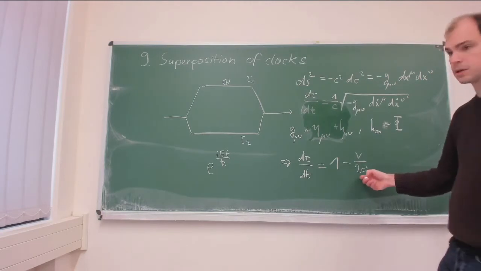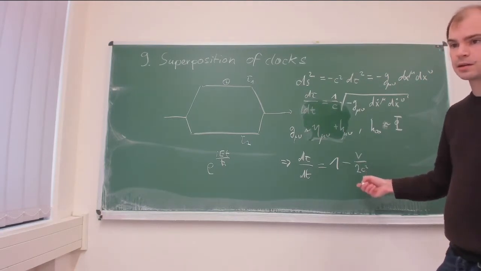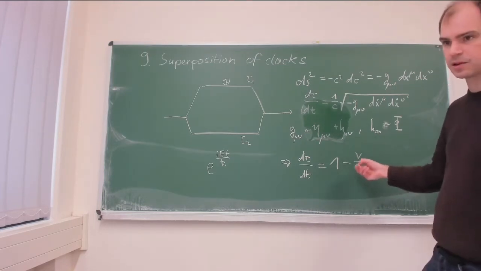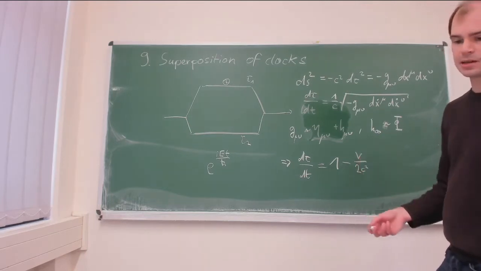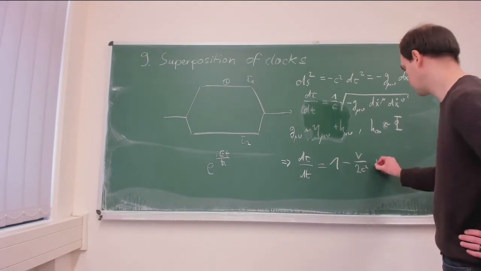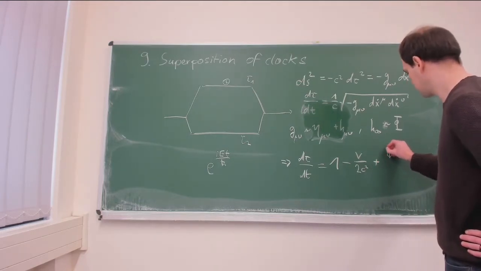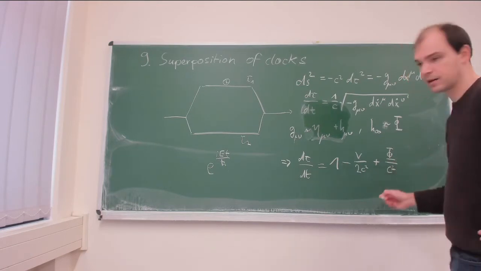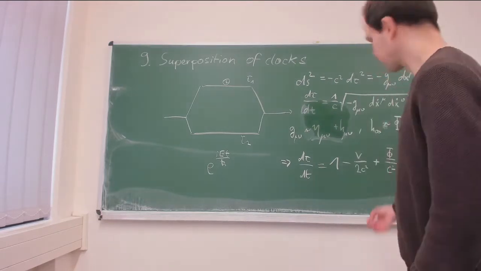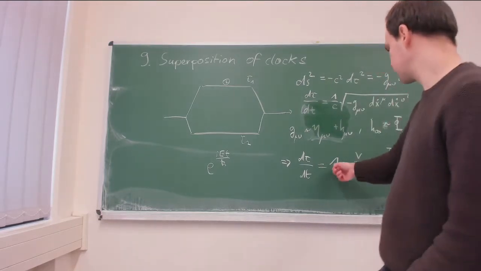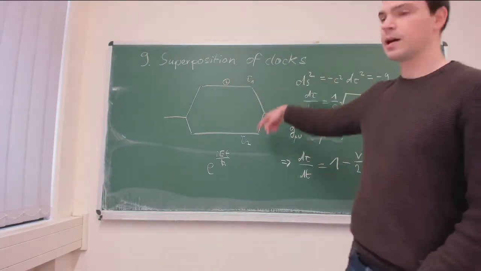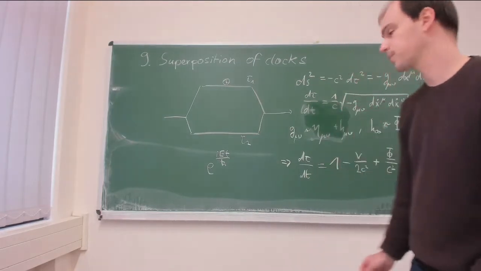This is what we call special relativistic time dilation. This is the time dilation because of a finite velocity that's close to the speed of light in special relativity. And now comes the term that is gravitational time dilation, which is phi divided by c squared. So we have these corrections to the proper time along our trajectory. Because of those, we have a difference in proper time along the two paths.